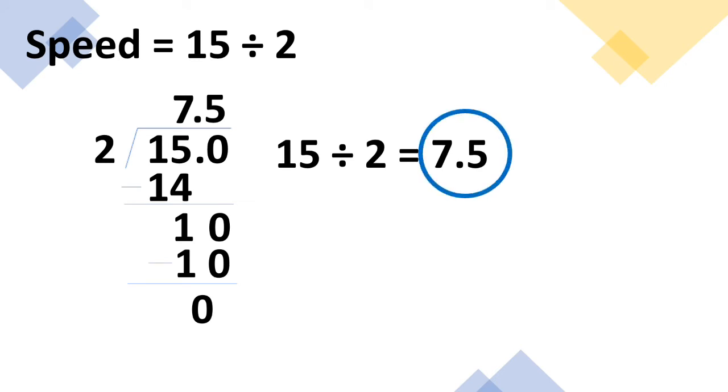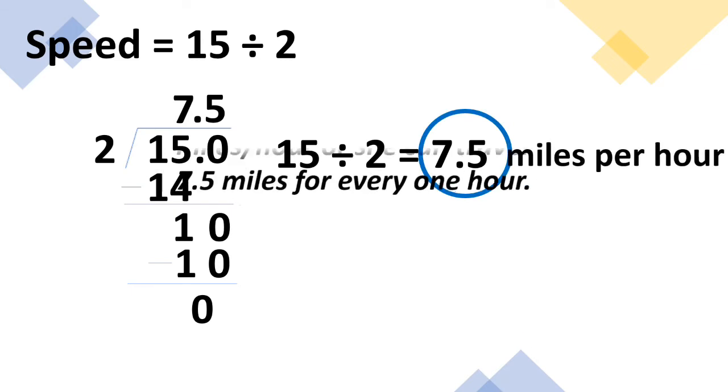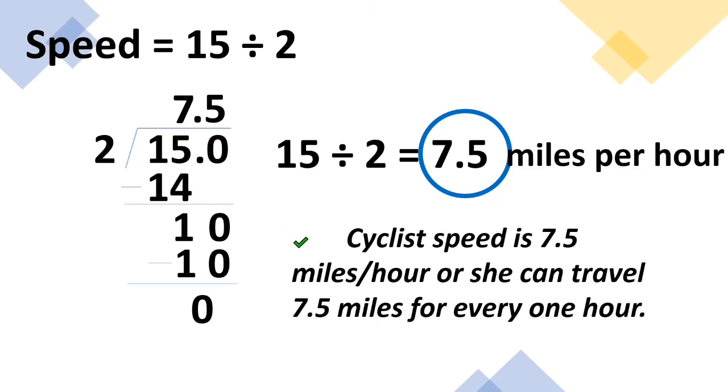So 10 minus 10 is equal to 0. So now we can say that 15 divided by 2 is equal to 7.5. So we have 7.5 miles per hour. The cyclist's speed is 7.5 miles per hour, or she can travel 7.5 miles for every 1 hour.